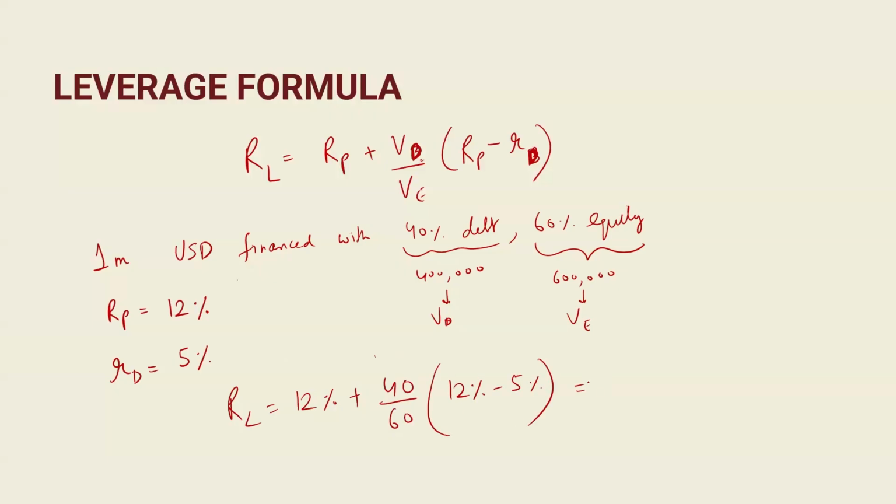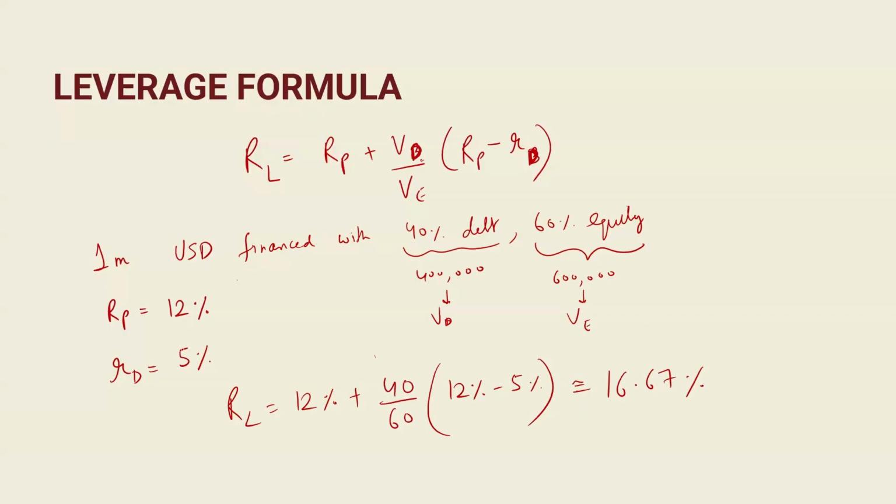Okay, so all of you are getting 16.67, right? So this will be 7. Okay, and 2 by 3, so 14 over 3. 14 over 3 is 4.667 plus 12%. Absolutely, yes. So 16.67%. That is your leverage return.